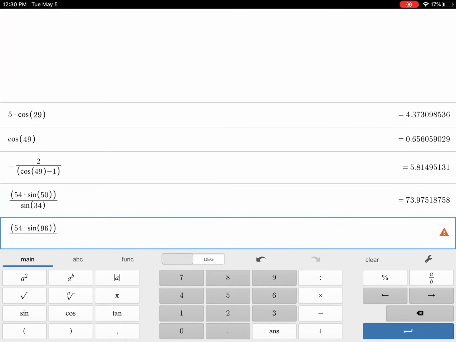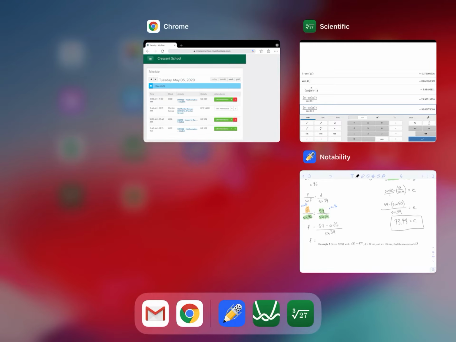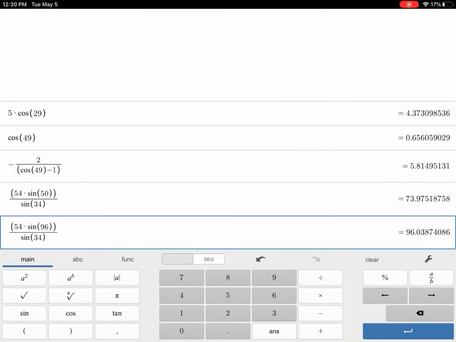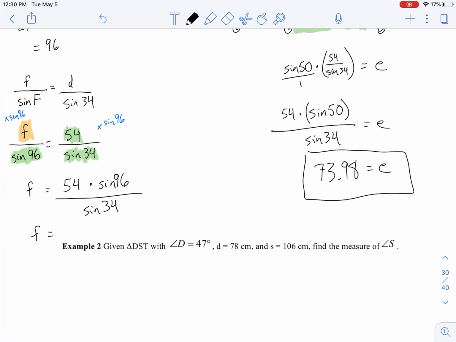You can see what you're doing. And we get the answer of 96.038. Just going to make sure I type that in right. 54 sine 96 sine 34. Looks good to me. And we get the answer of 96.038, so 96.04. And that's, once again, in meters.